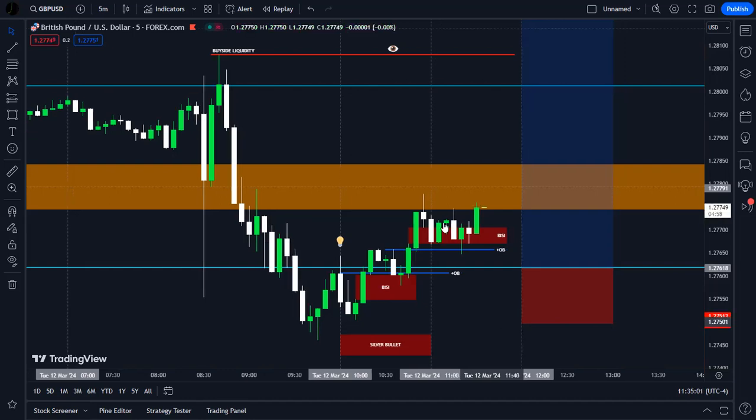So there we have it. This is a bullish order block. Immediately the opening price was broken above. This is the next bullish order block.